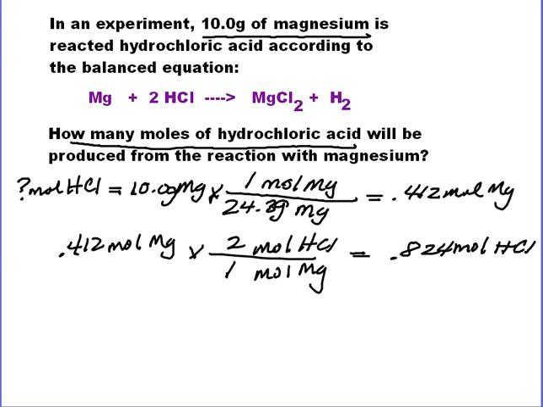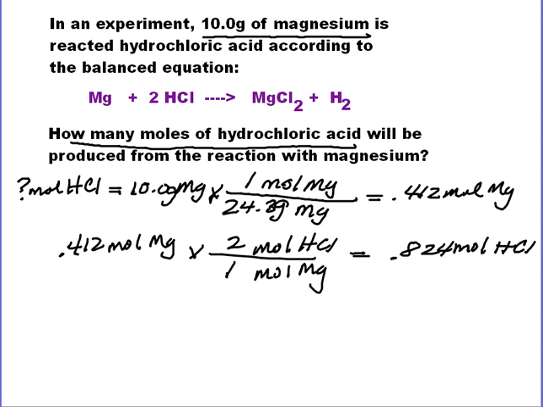Okay, so we've seen one where we've changed it from moles to grams. We had to use our molar ratio and then change it to grams. This one, we switched it from a mass in grams to moles. We saw that we had to change it to moles first and then make the switch with the molar ratio.